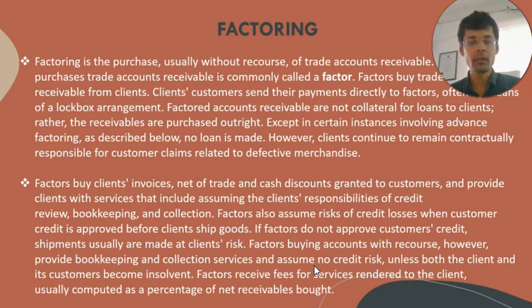Say, for example, an invoice of $1,000 is being factored, then the factoring company would be paying $950 to the company who has got the bills. So $50 is their income, which needs to be accounted for as factoring income.